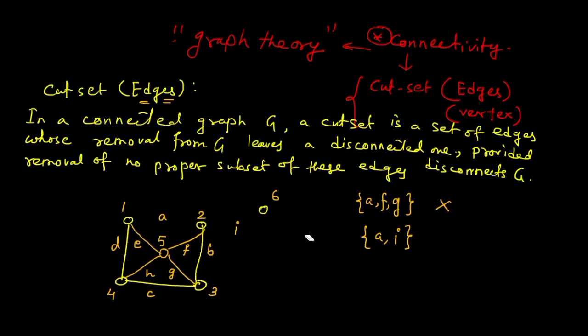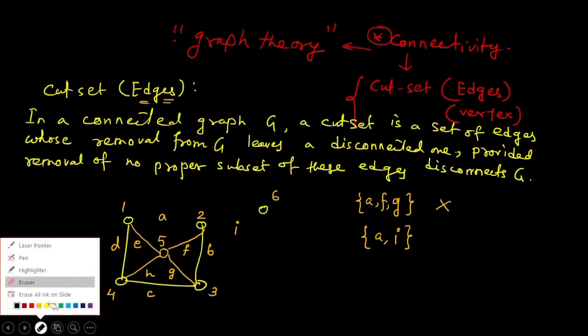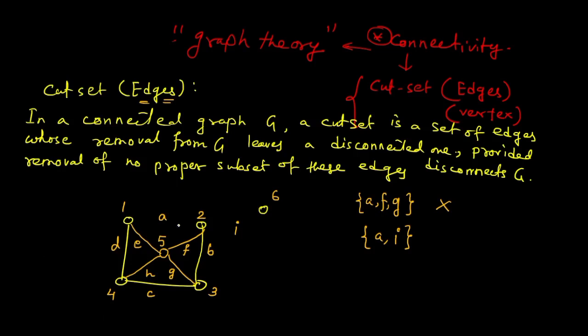It is not, because you are unnecessarily removing A. If you simply remove I, that is sufficient to get a disconnected graph. So this is not a minimal choice, and from that context this is not a cut set, although it gives you a disconnected graph.